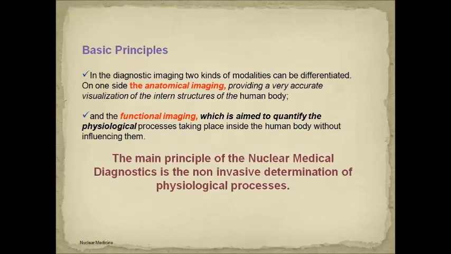Basic principles of nuclear medicine. In the whole medical diagnosis, imaging of two kinds can be differentiated. On one side, there are anatomical images providing a very accurate visualization of the internal structures of the human body. And on the other side, there are functional images, which aim to quantify the physiological process taking place inside the human body without influencing it.